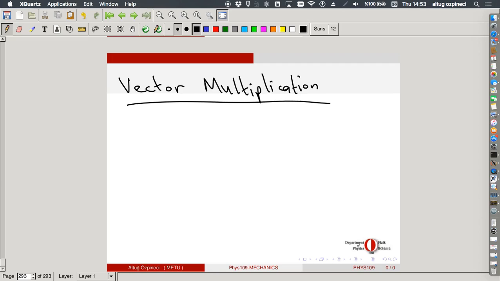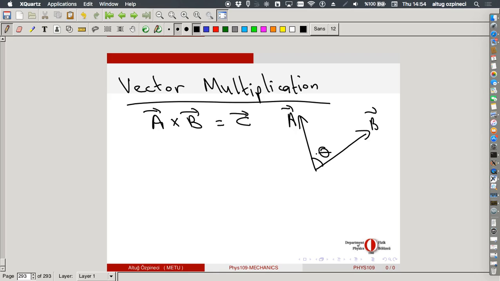Now, when we talk about vector multiplication, what we mean is that you take a vector, you multiply it with some other vector, and the result will be a third vector, not just a number. Now, this C is a vector, and let's say this is A, this is B, this is the angle between the two, theta.